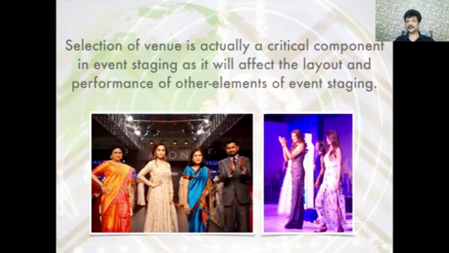As I told you, it is an integral part, so that people come to your venue. You should have nice coverage for your venue. You should have nice people coming to your venue. So again, an important part. We should know the venue, how the event has to be taken.